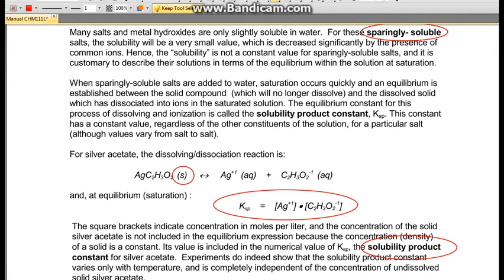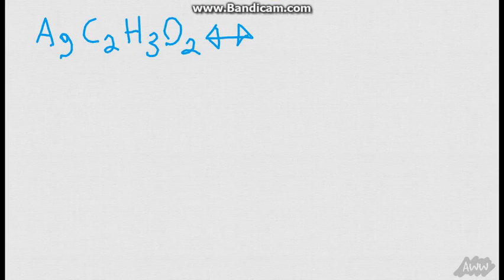So in this case, our sparingly soluble salt, whatever it may be, let's just say we have, actually I think they have a good one in the lab. Yeah, here we go. So let's use this silver acetate solution. So this is going to give us our silver ion and our acetate.